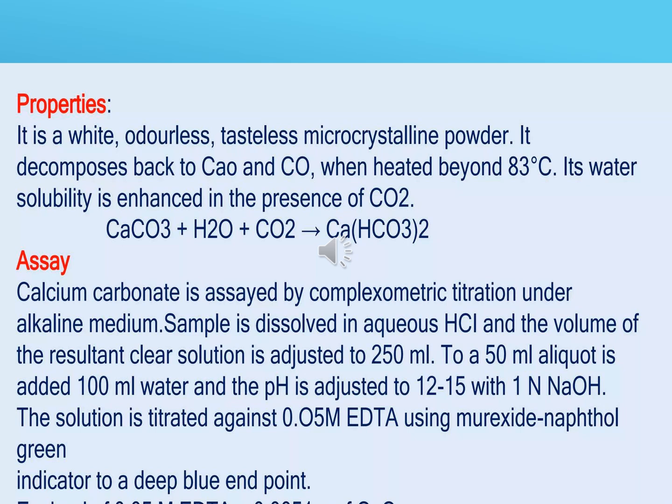The solution is titrated against 0.05 molar EDTA using mordant naphthol green indicator to a deep blue endpoint. Here is the factor: each ml of 0.05 molar EDTA is equivalent to 0.0051 gram of calcium carbonate.